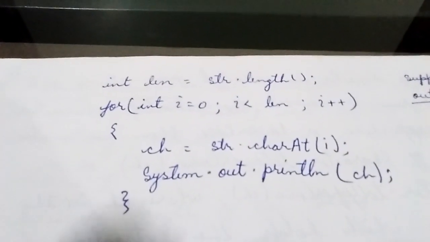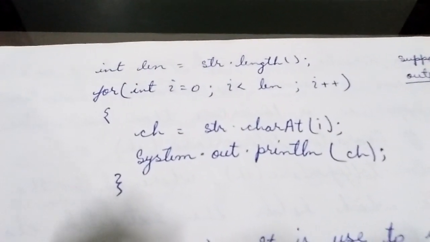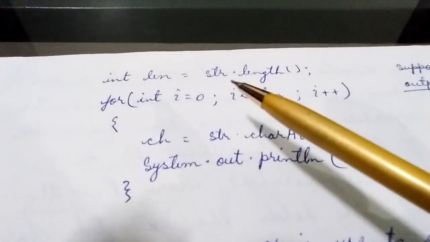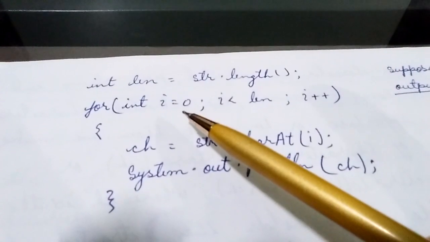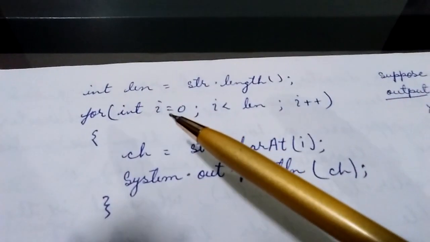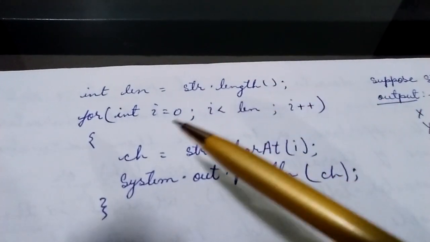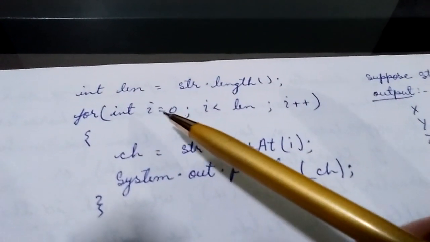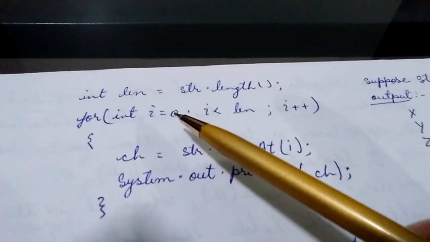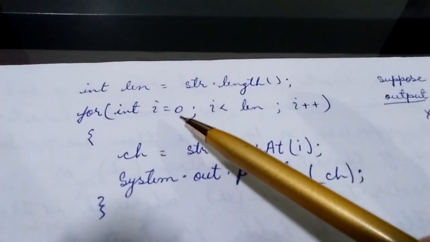Next we will find out the length of the string. So int len equals to str.length. And then we will run a loop in ascending order, from 0 to len. So i equals to 0 because 0 indicates the first index location.